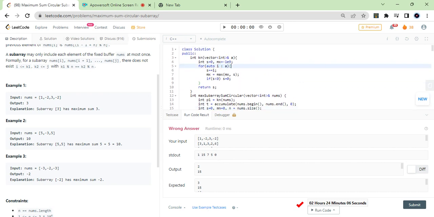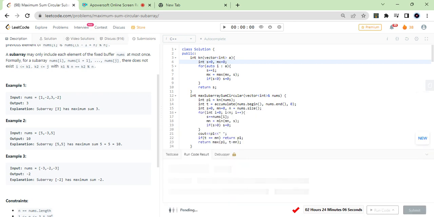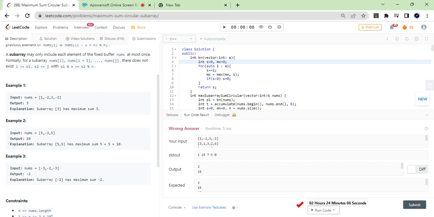For auto i in a, s plus equal to i, and mx is equal to this. It is 0, and for auto i, sum plus is equal to that part, like 1, and then mx is equal to max of mx comma s. s is equal to 0 if it becomes negative.